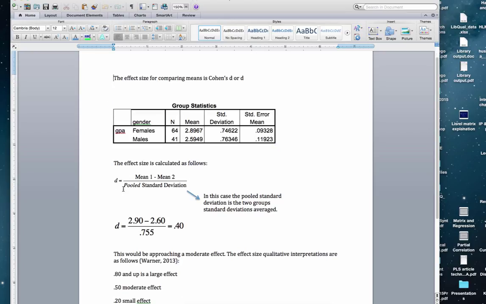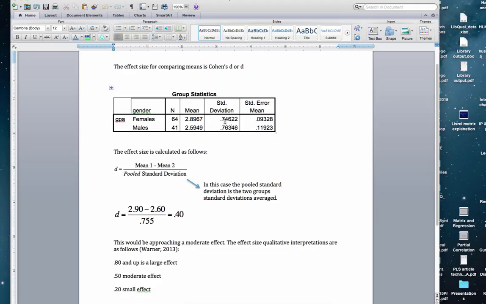To get Cohen's d, the effect size for a t-test, we take mean 1 minus mean 2. So we subtract the male mean, 2.5949, from the female mean, 2.8967. And then we divide it by the pooled standard deviation, which is simply the average of the male and female standard deviations for GPA.